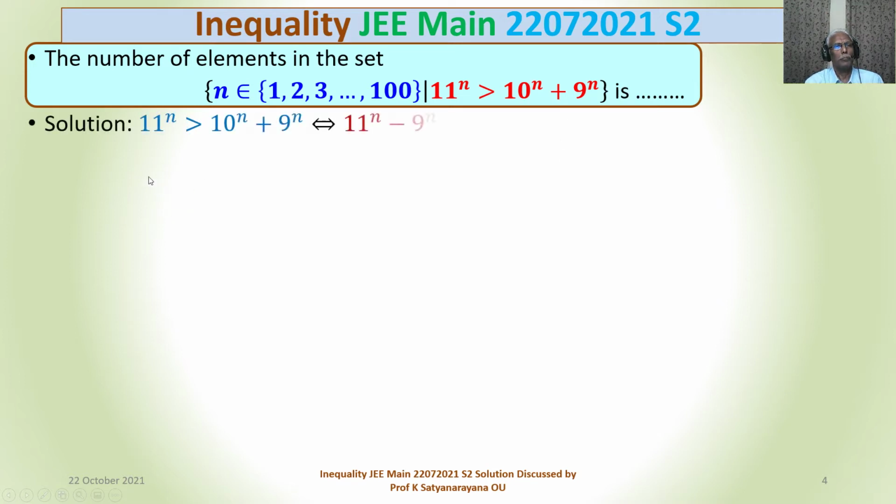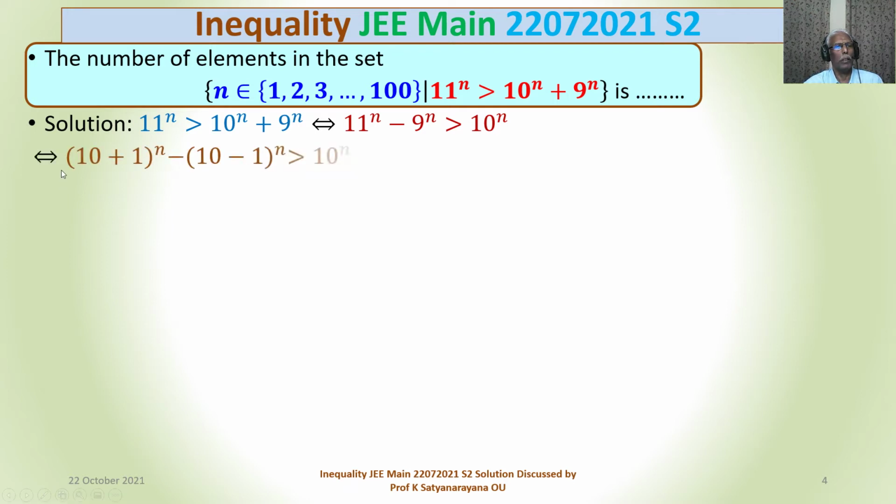Solution: 11 power n greater than 10 power n plus 9 power n if and only if 11 power n minus 9 power n greater than 10 power n. We write 11 as 10 plus 1, and 9 as 10 minus 1, raise them to the power of n, and apply binomial expansion and simplify.